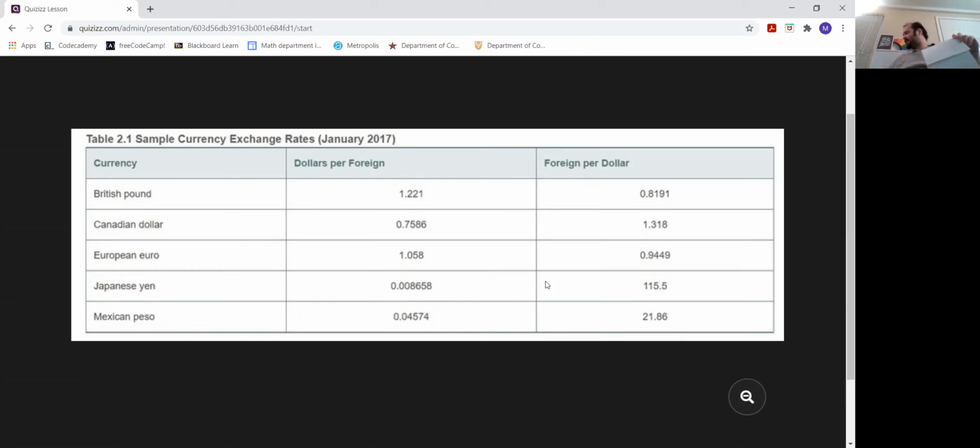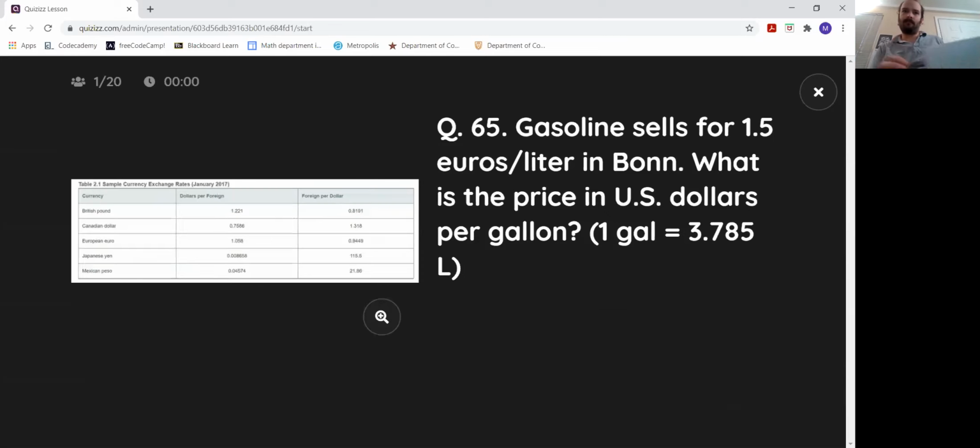Start out with what you know. What do we know? €1.5 per liter.